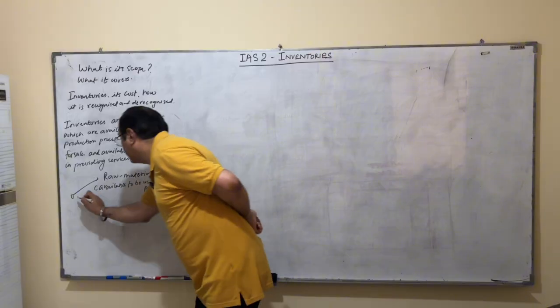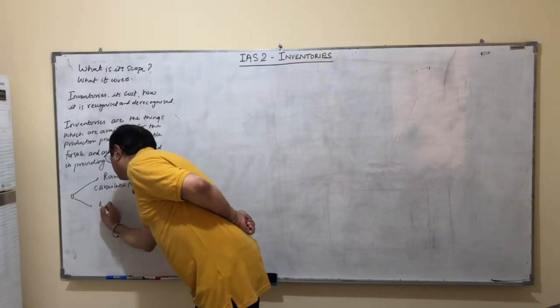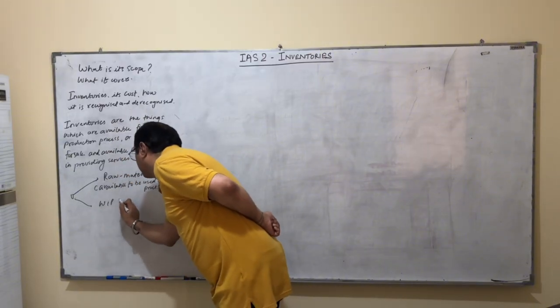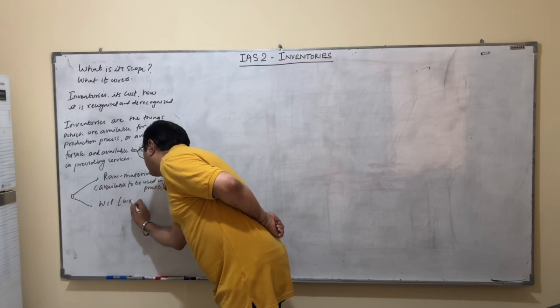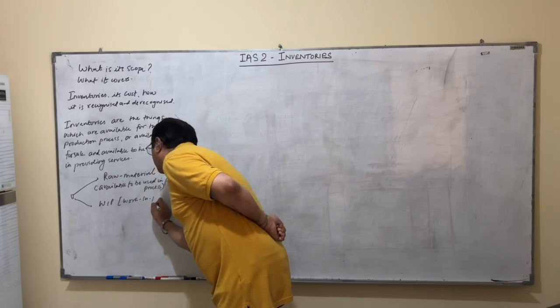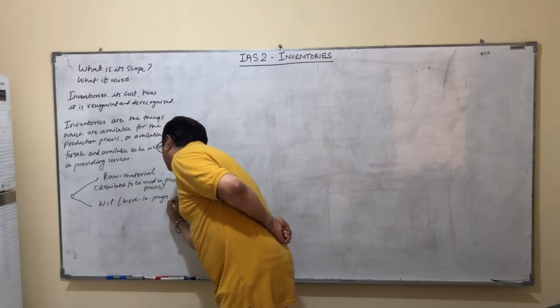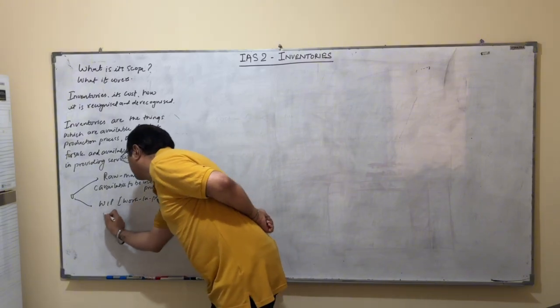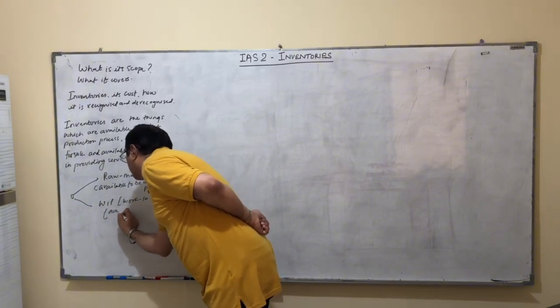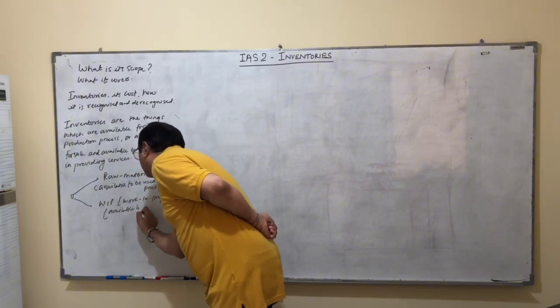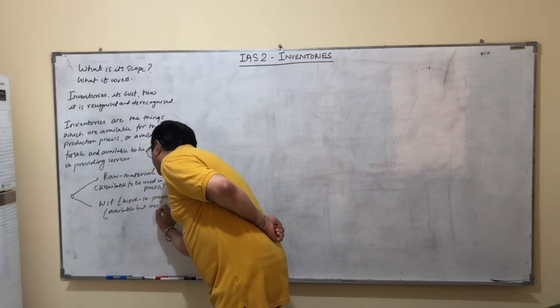Now, the second is WIP, which we call work in progress. That means available but incomplete.